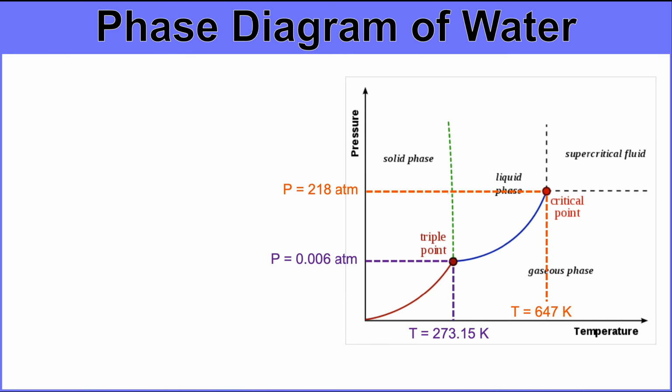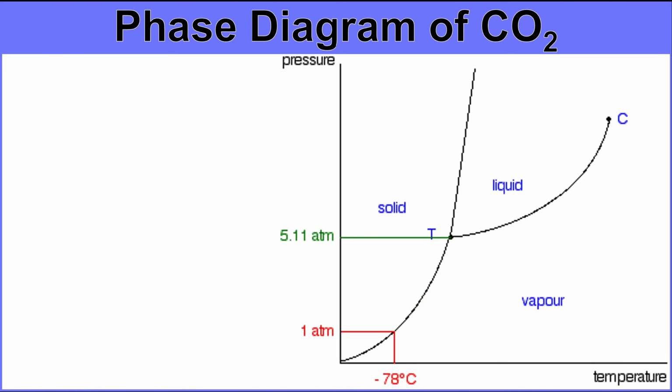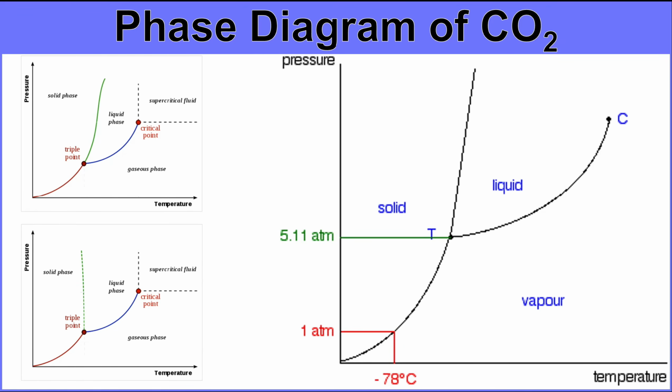Now, how does the phase diagram for carbon dioxide look? The figure shows the phase diagram of carbon dioxide, or CO2. The only special thing about this phase diagram is the position of the triple point. Here, this is the normal phase diagram, and this is the phase diagram for water.